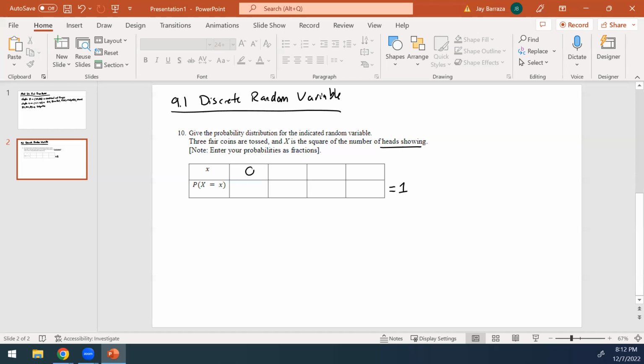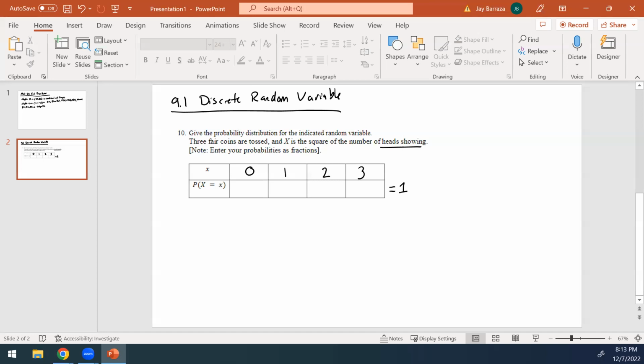So 0 is an option. Can I flip 1 head? Absolutely. What about 2 heads? I can. What about 3 heads? I could flip all 3 to be heads. What about 4 heads? Well, if I'm only flipping 3 coins, I can't flip 4 heads because I used up all my flips. Does that make sense, 0, 1, 2, 3? That's what you're thinking: what are the values that can satisfy my rule, right? 0, 1, 2, 3 heads.